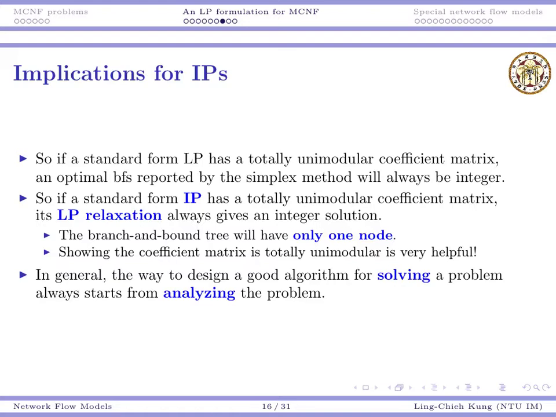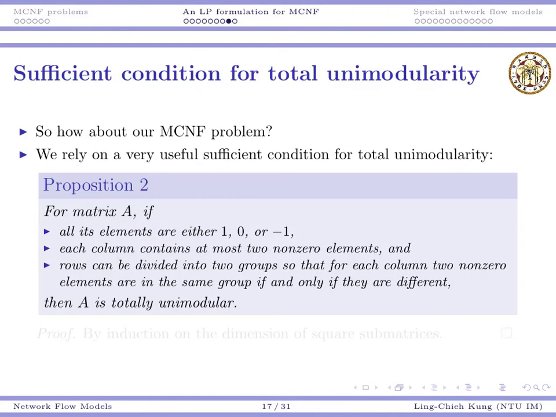In this case, the special method is just the branch and bound. It's not a special method, it's the original method, but the outcome will be somewhat special, right? We know for sure there will only be one branch and bound node, and the problem can be solved easily. So analyzing problems is really helpful if we want to solve them.